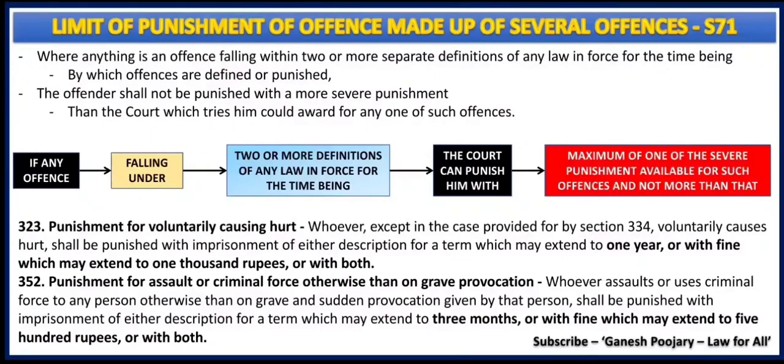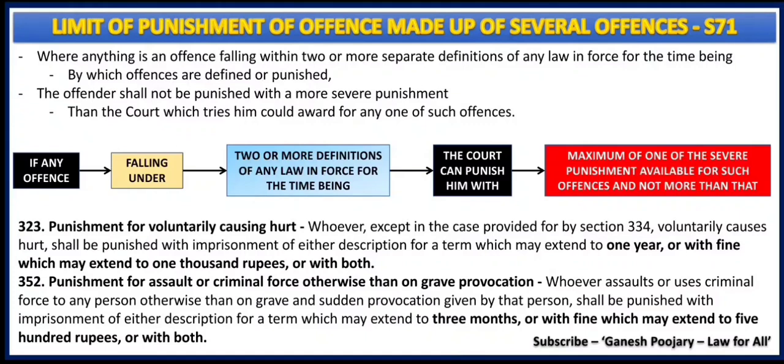The second part of section 71, I have brought in a simple chart where I have mentioned if any offense falls under two or more definitions of any law in force for the time being, the court can punish him with a maximum of one of the severe punishments available for such offenses and not more than that.